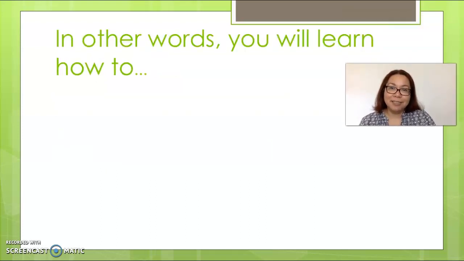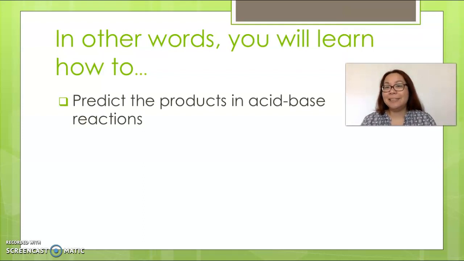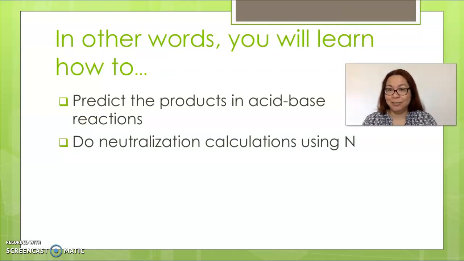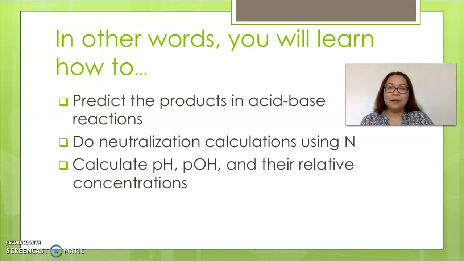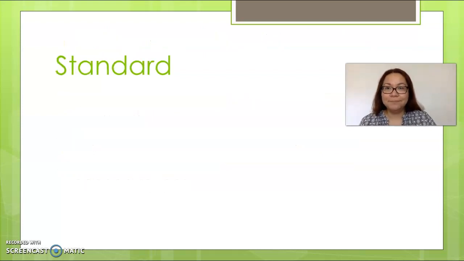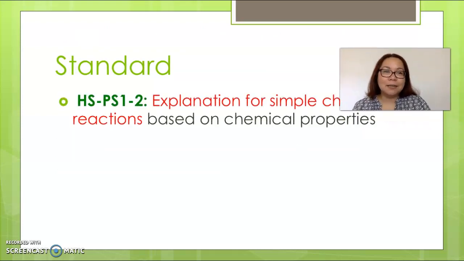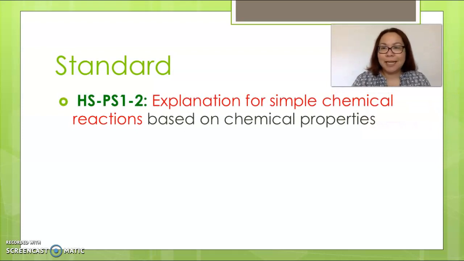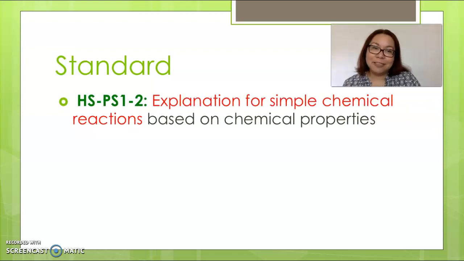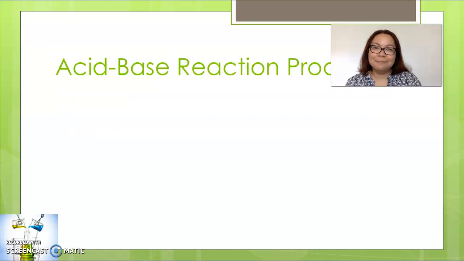In other words, you will learn how to predict the products in acid-base reactions, do neutralization calculations using this new variable, capital N for normality, and also you will learn how to calculate pH, pOH, and their relative concentrations. Your standard is also from HSPS 1-2, explanation for simple chemical reactions.